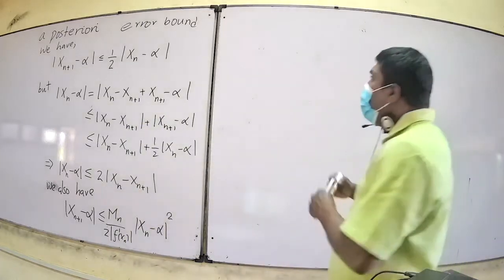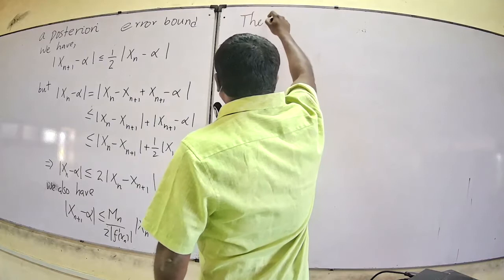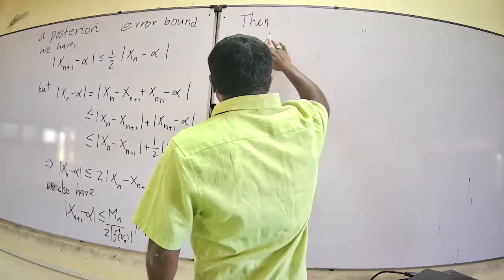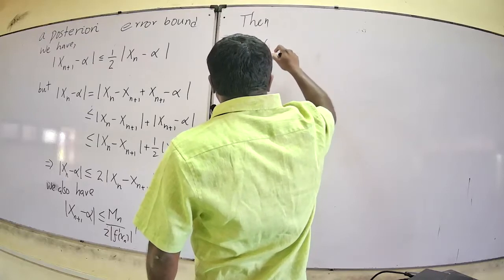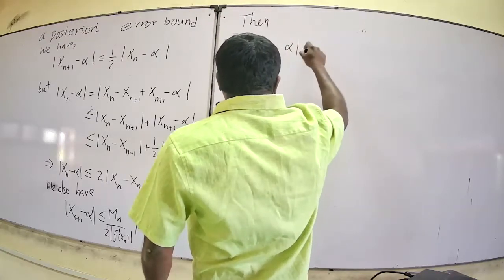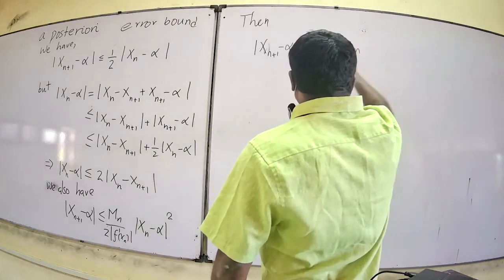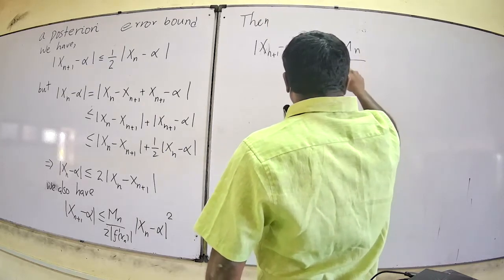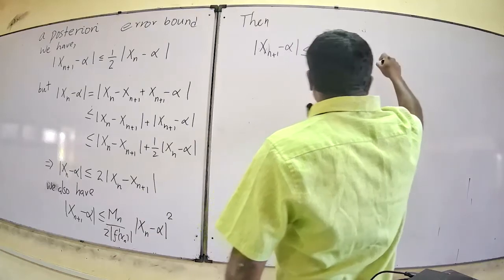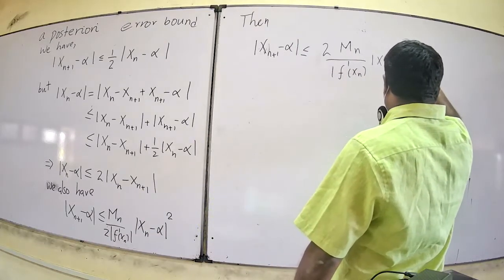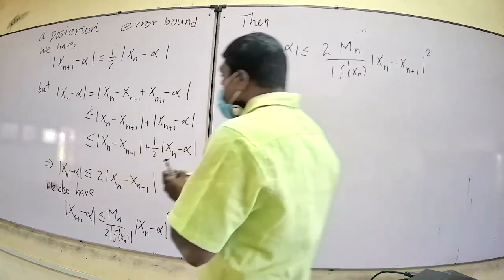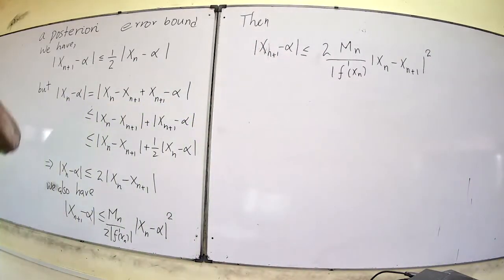Once you substitute it, because xn minus alpha is less than or equal to 2 times xn minus xn plus 1, xn minus alpha squared is 4 times that.